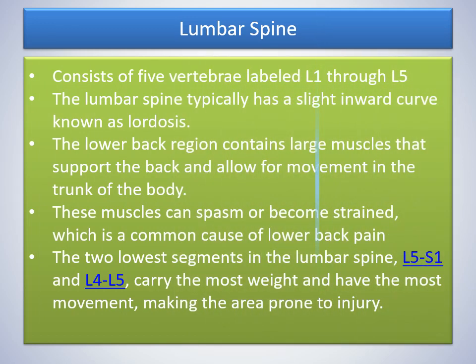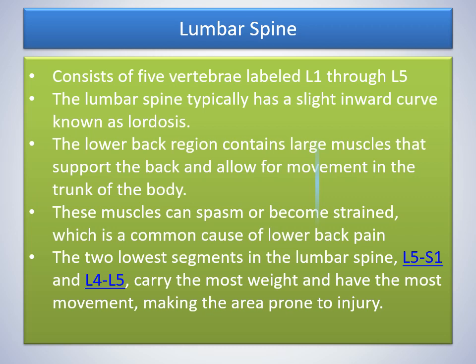During the next few screens, we're going to be covering a few things, such as the anatomical structure. In the case of the lumbar spine, which consists of 5 vertebrae labeled L1, or lumbar 1, through L5, we're going to be analyzing them in a moment.